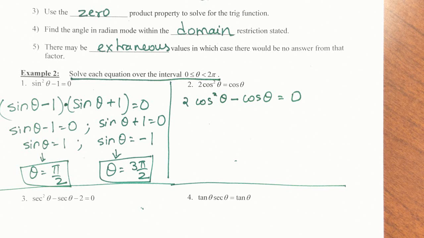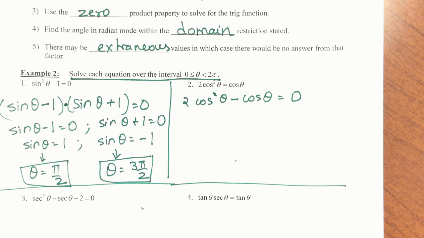Do we know how to factor this? What pattern are we looking at? Perfect. It's not a difference of squares, because 2 is not a perfect square. The only thing I can see is both terms have a common term, cosine theta. So we'll do GCF in this case.